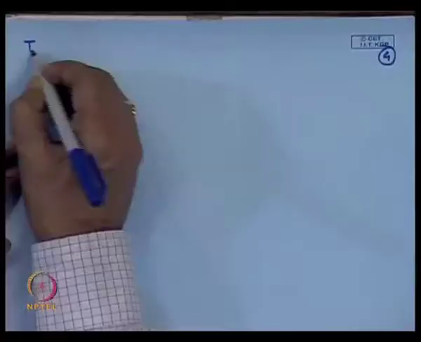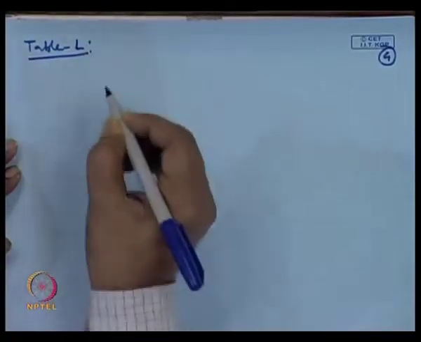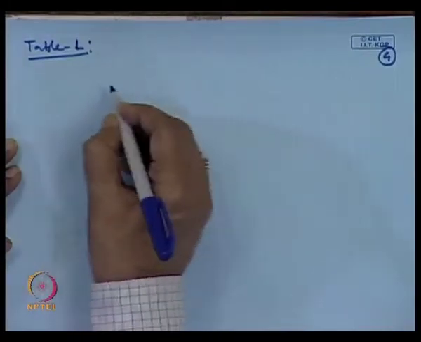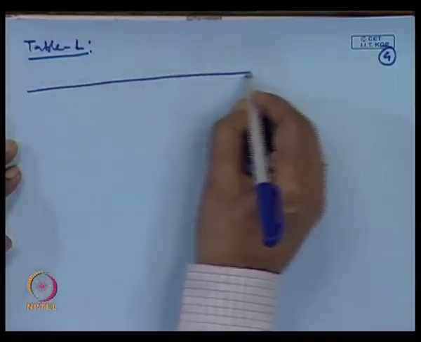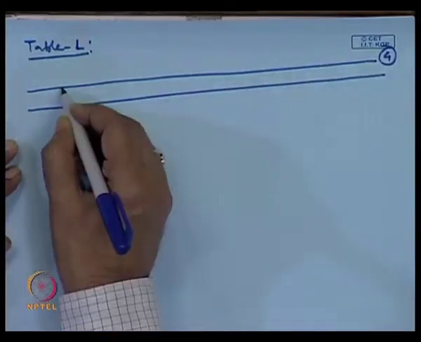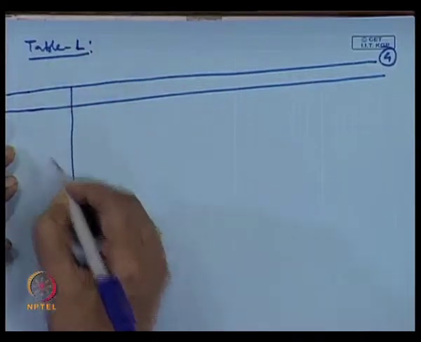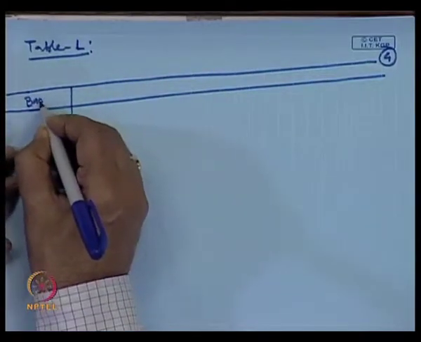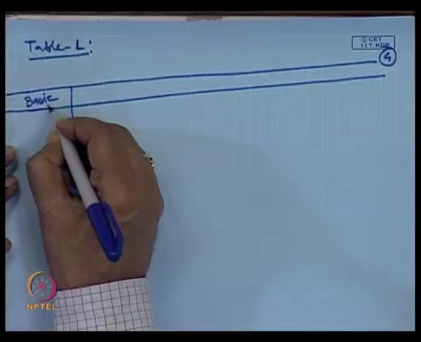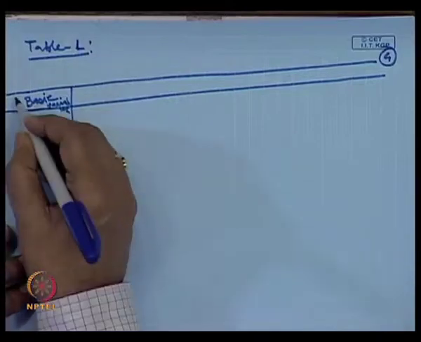So, table 1. Basic variables. These are the basic variables in these directions.